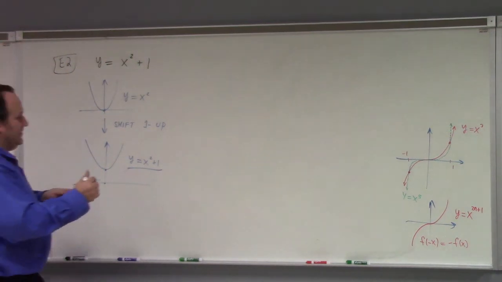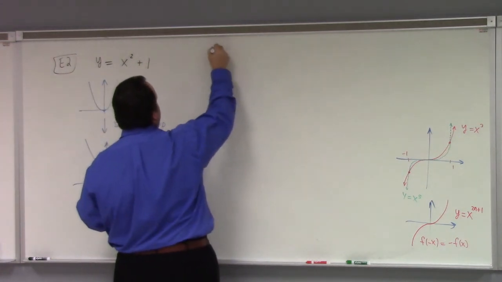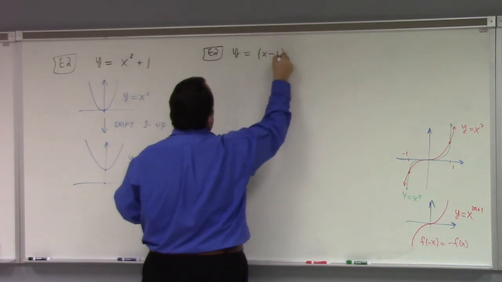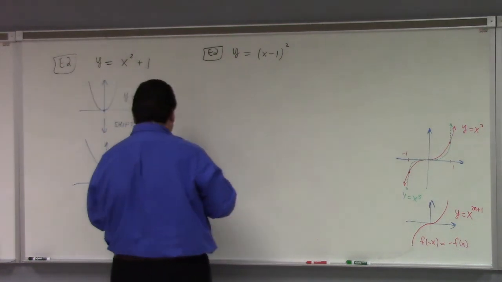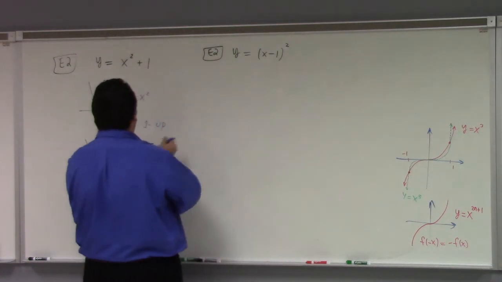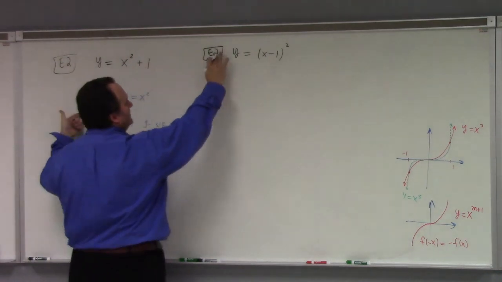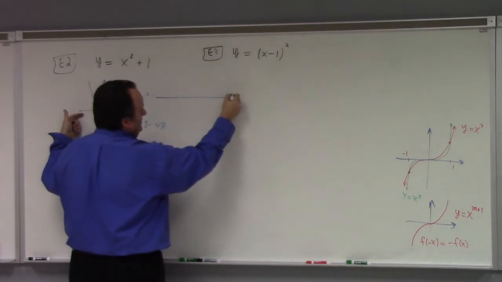In contrast, example 3, if I take y equal to, say, (x minus 1) squared, right? Sorry, example 3, my bad. Same idea as example 2, but this one, we do what?